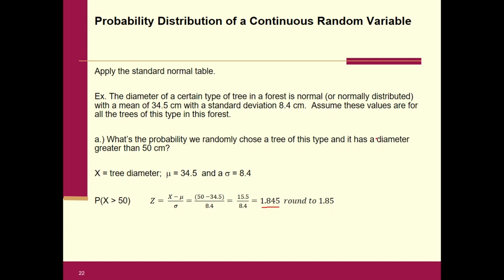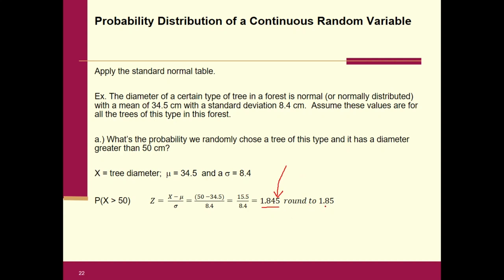I'll wait for a second here and make sure that you are comfortable with that calculation. So I got 1.84523800952, but I don't care about all those decimals, so I want to round the z-score to 2 decimal places. All I'm going to do is look at the third decimal place, and it's a 5.